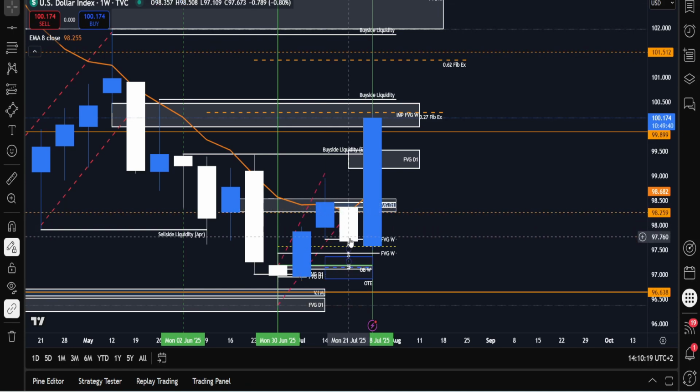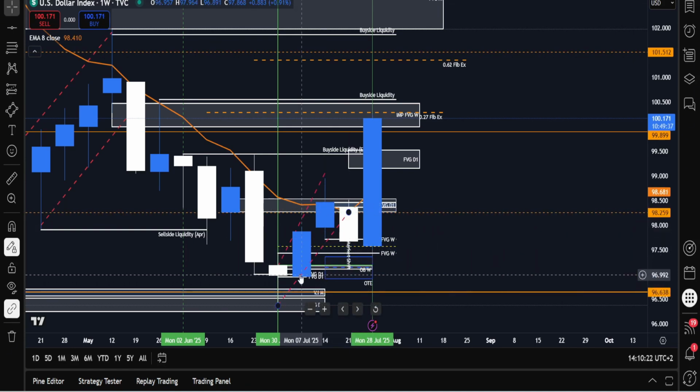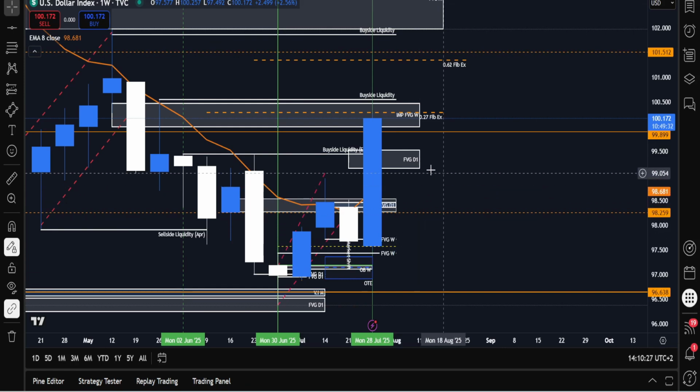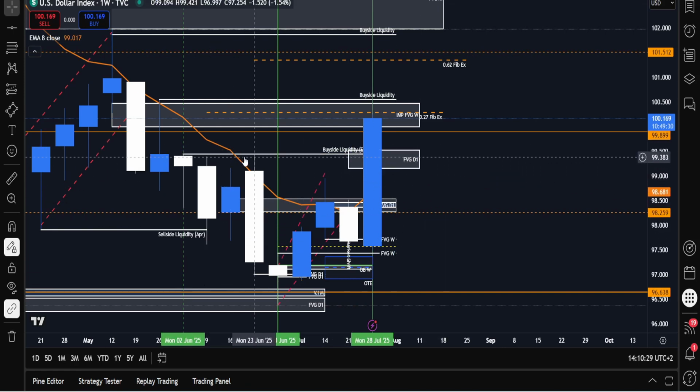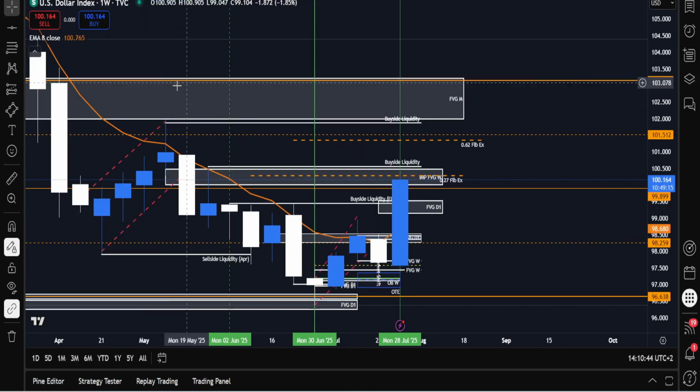Last week we traded right into the fair value gap and into the weekly order block, and we were anticipating still our initial targets of the equal buy side liquidity of June 2025, our weekly implied fair value gap that was created in the month of May, and the buy side liquidity of May, which was created with this bearish flag pattern to trap traders short.